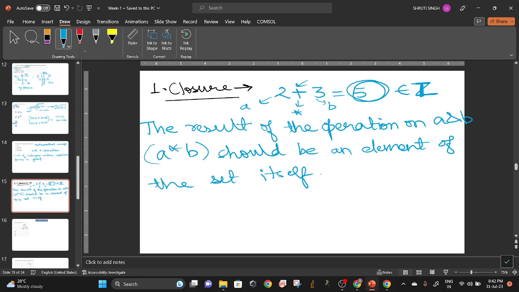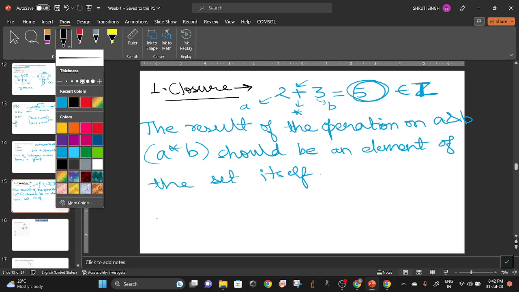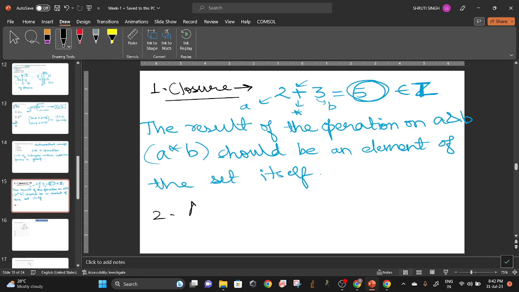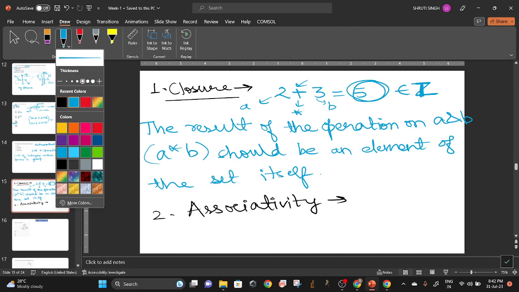The second property is associativity. Associativity means whatever order you perform the operation, you will get the same result. As one student was asking, if we perform reflection first or rotation first, it does not matter, you will get the same result.